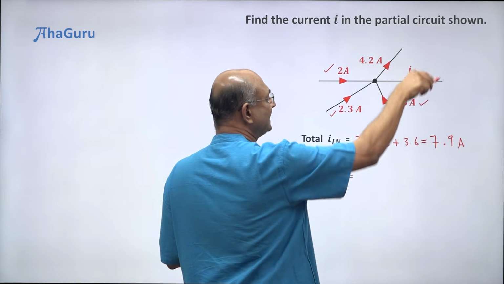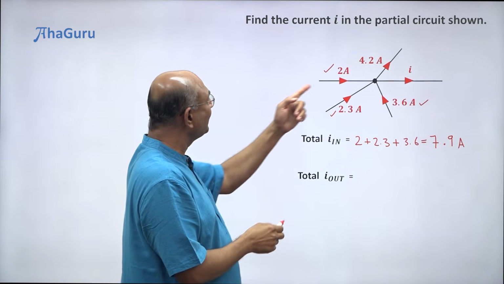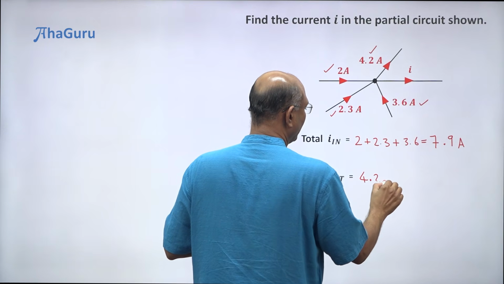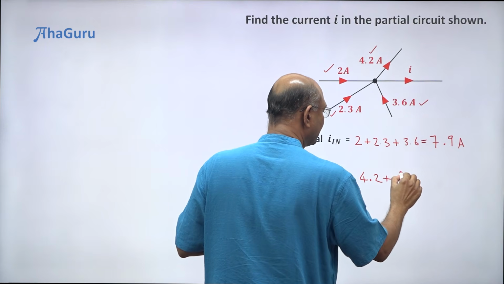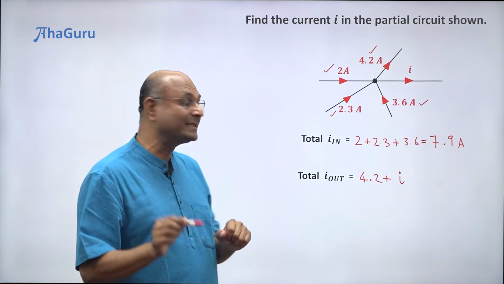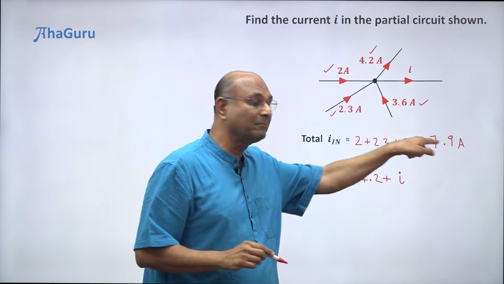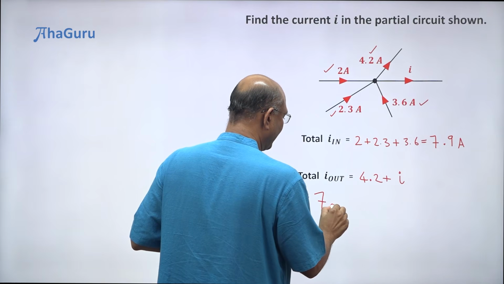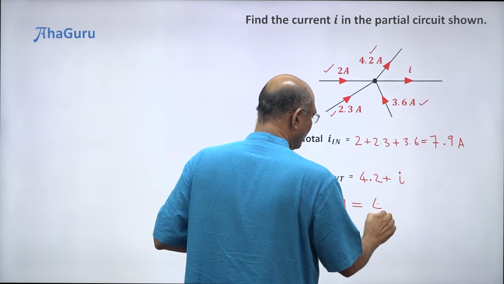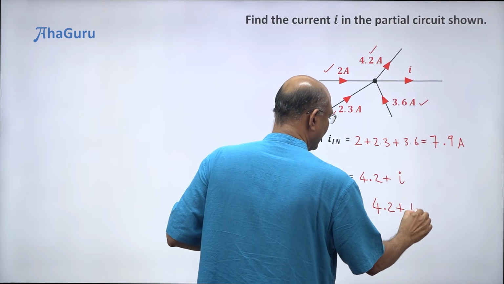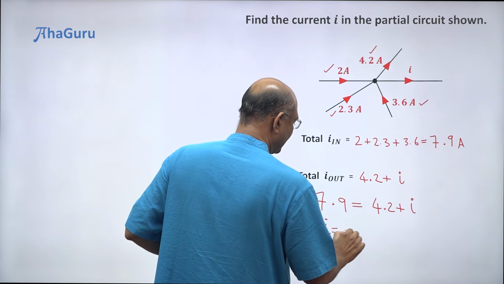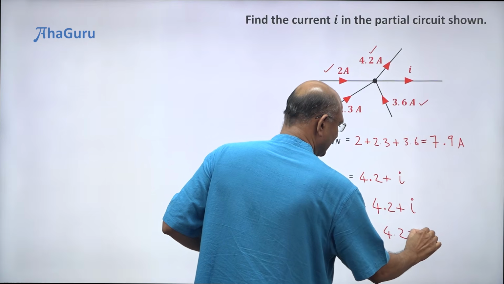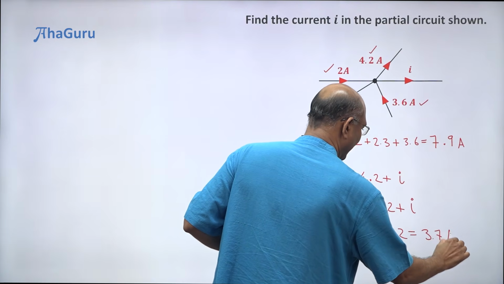How much must exit? 7.9 amperes. But how much is exiting? 4.2 amperes is exiting plus I. That is the total amount of current that is exiting. But the total current exiting must be equal to the total current entering. So 7.9 must be equal to 4.2 plus I, which means I must be 7.9 minus 4.2, which is 3.7 amperes.